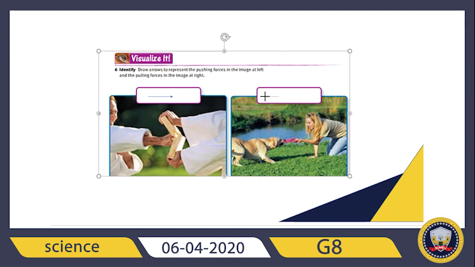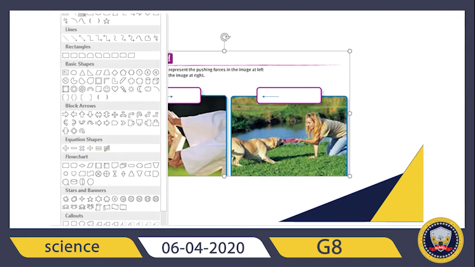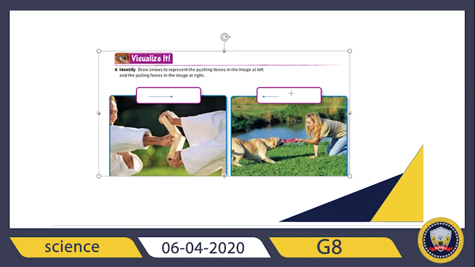Okay, if you want to add another arrow to represent the pulling force that is exerted by this one, it will be this one, guys. So it will be in the other direction, the opposite direction. Okay, so this is two pulling forces, and we have here one pushing force.